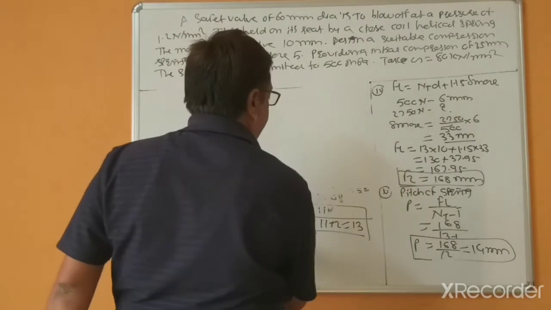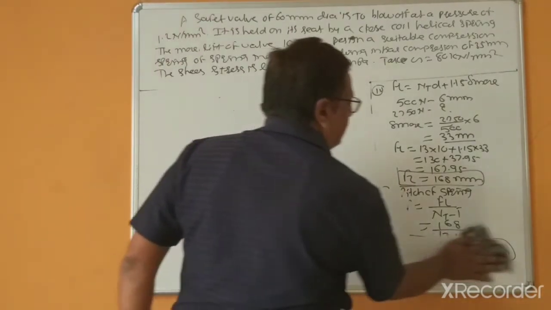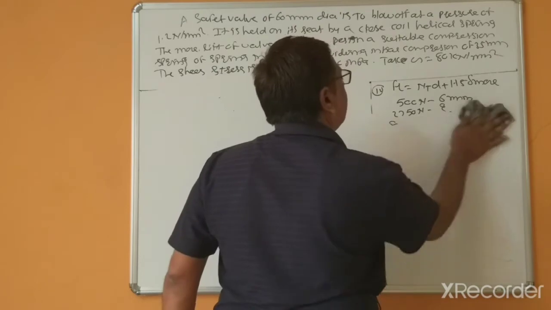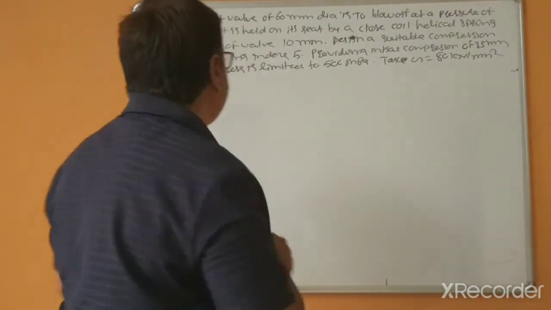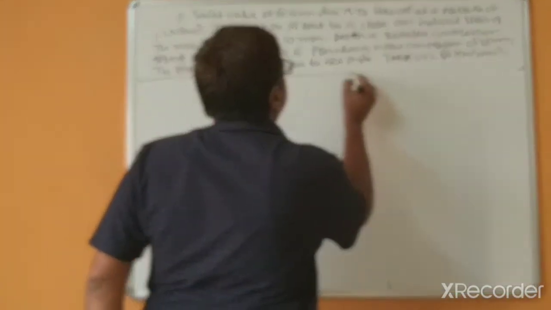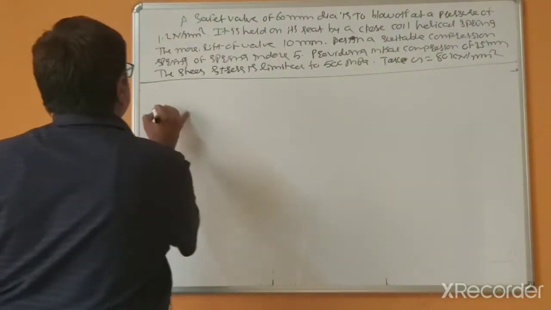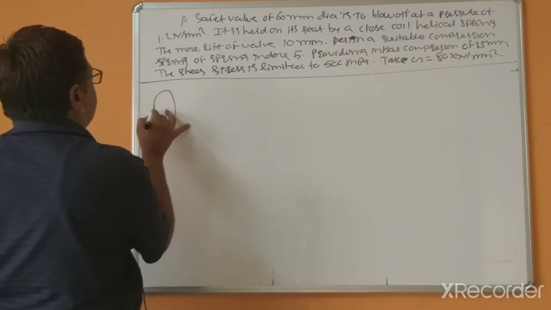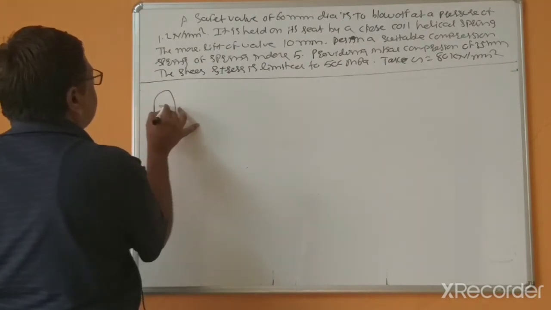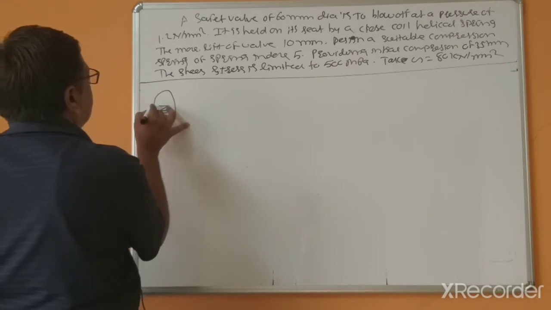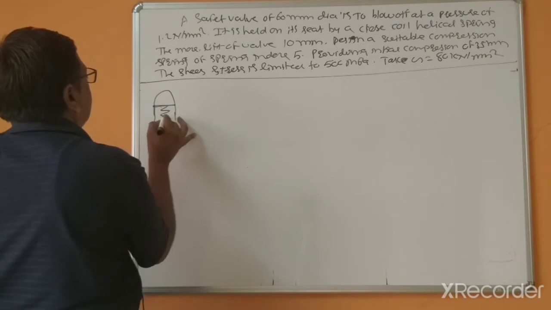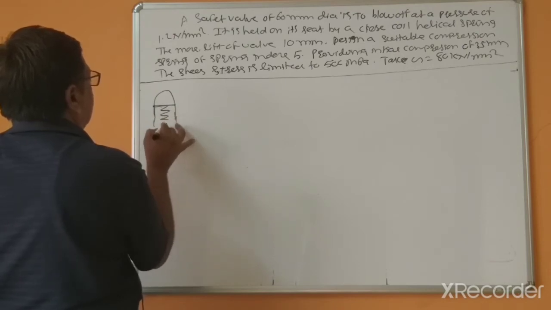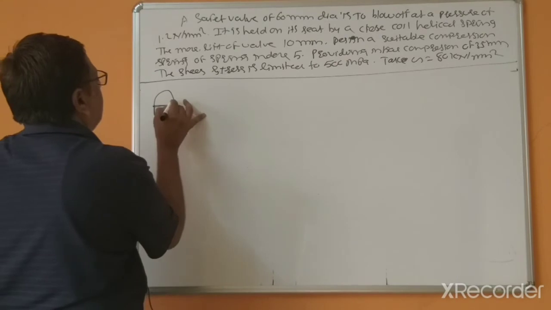So first we will calculate by using the basic formula, pressure equals load divided by seat area, because the valve diameter, inside diameter is given. Suppose this is the wall and this is the spring. The spring is preloaded, and here the pressure is acting and here may be the blow-off valve.